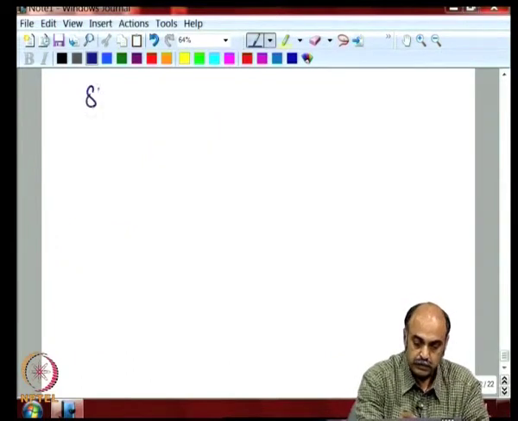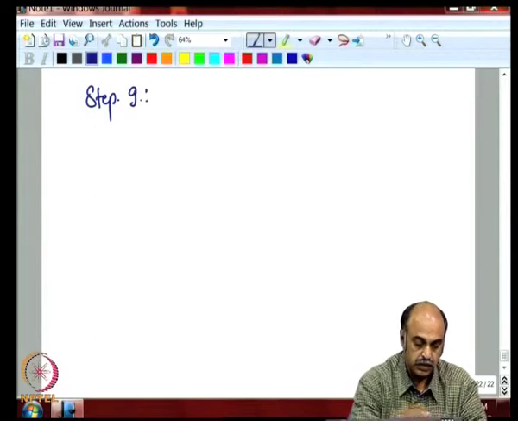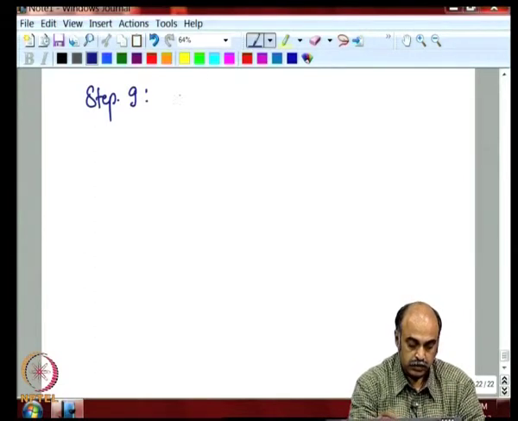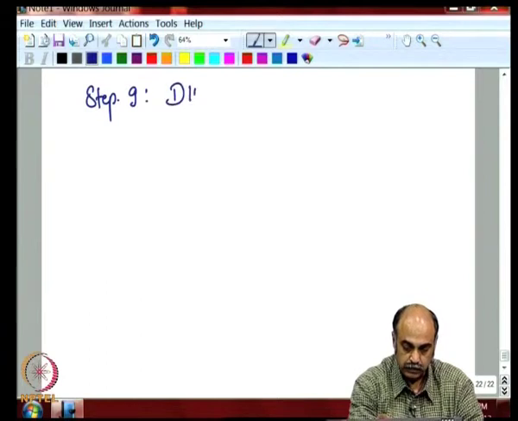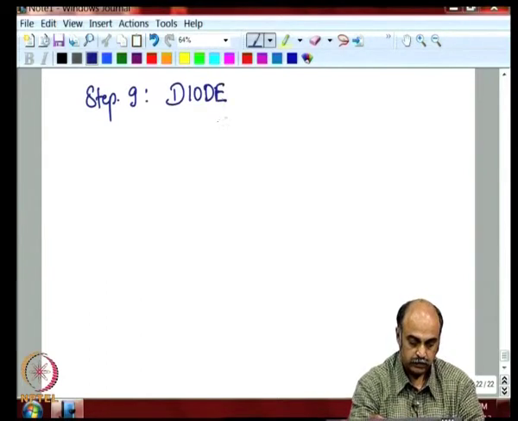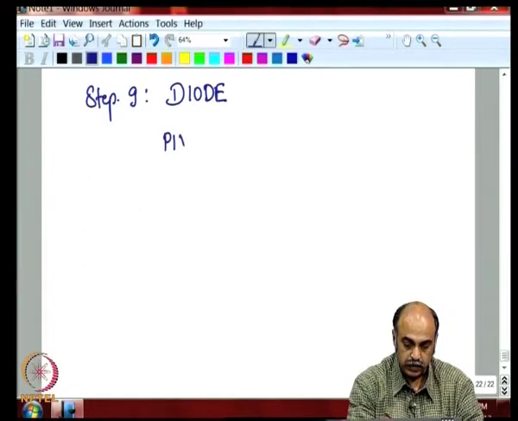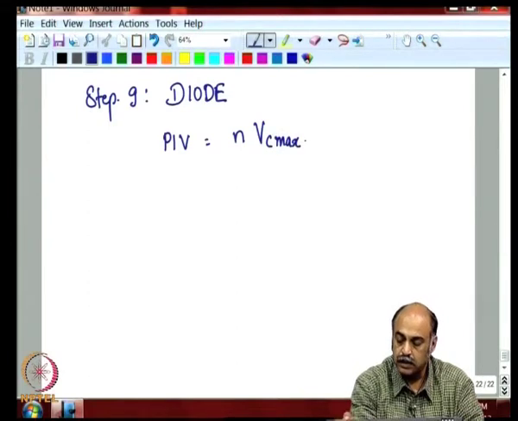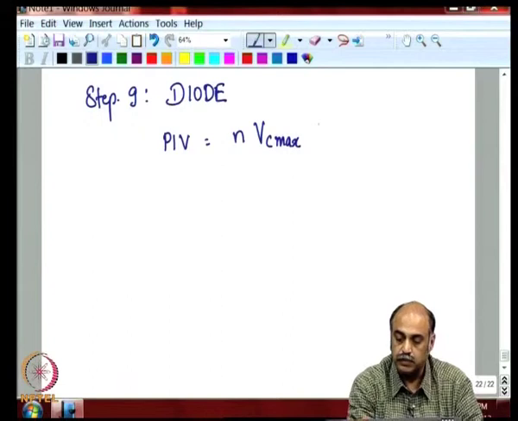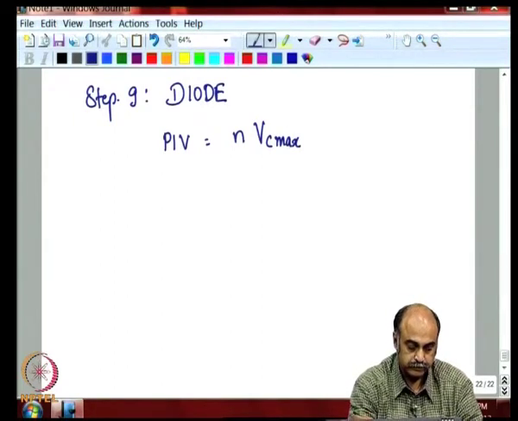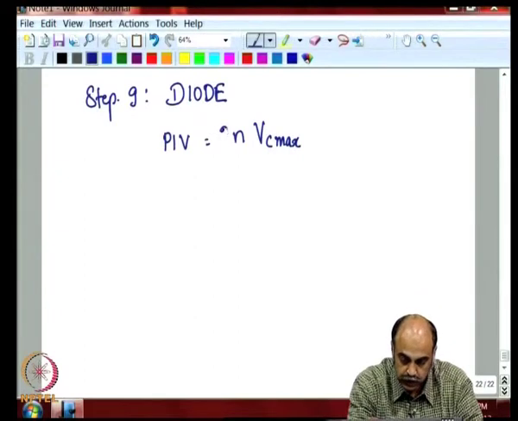And then you have the step 9, the switches, actually the power switch and the diodes. So, let us say you have the diodes first. Now, the secondary diodes will have to have a peak inverse voltage of n times Vc max. Vc max is the maximum that can ever occur across the primary of the full bridge transformer, and n times Vc max is coming across the secondary of each of the center tapped winding, and therefore, 2 times.